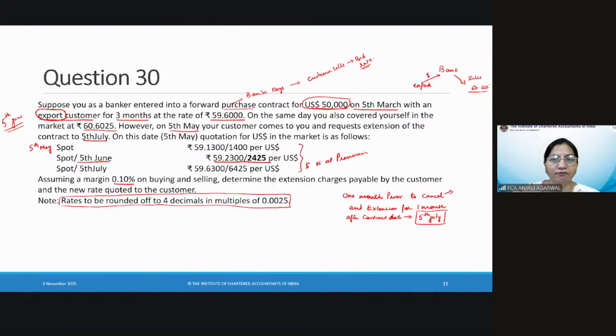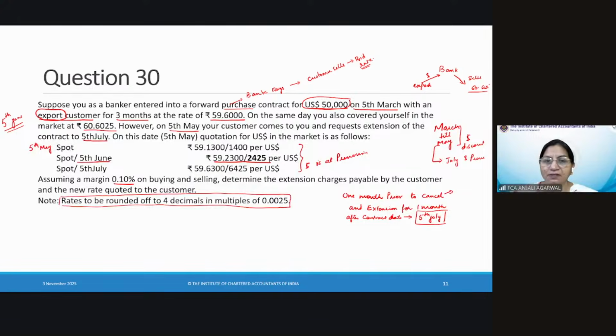So the price of dollar has fallen from 5th March to 5th May. In these 2 months, from March till May, the dollar was at discount. But from May to July, it is at premium.